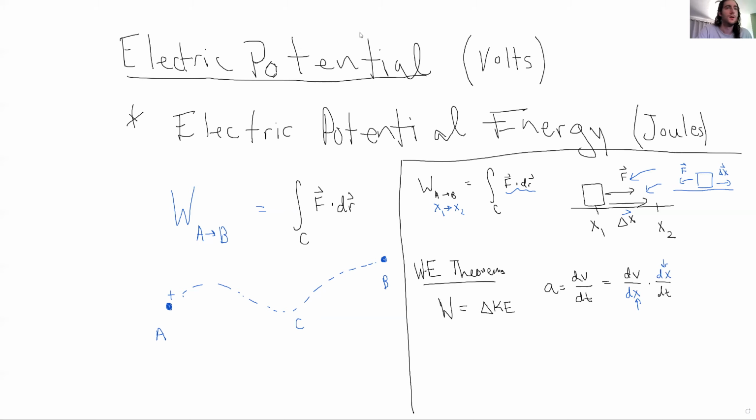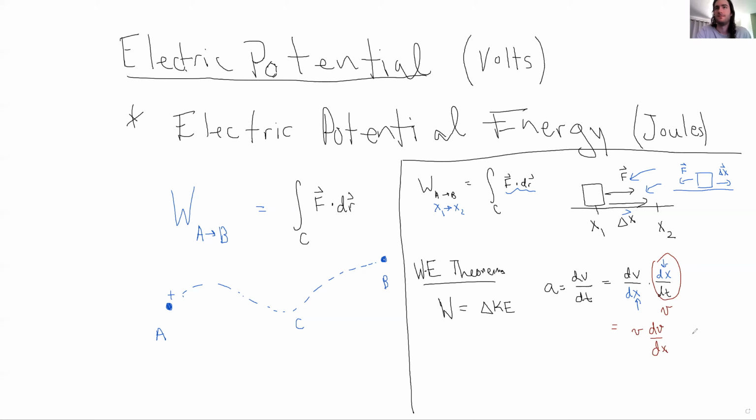Okay. So all we're doing is just using the chain rule. That's it. Now this thing right here is velocity. And this dv dx, you leave it as is. So now the acceleration, we've used some chain rule magic here. We know the acceleration is also equal to v times dv dx.